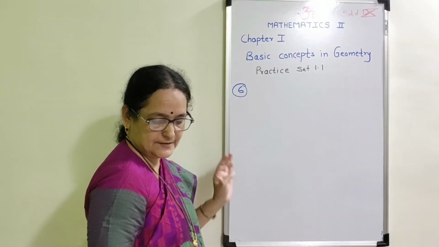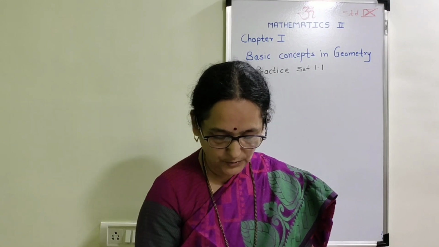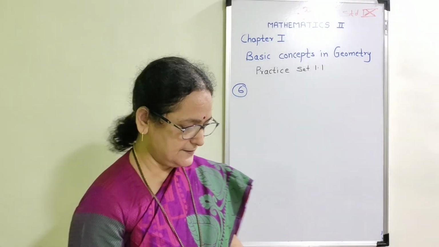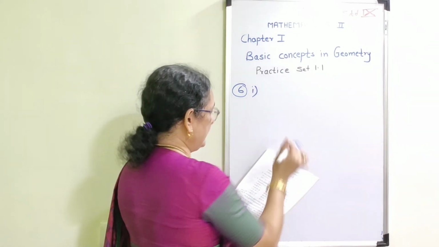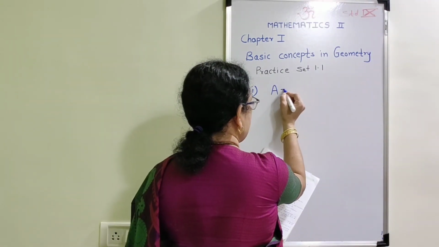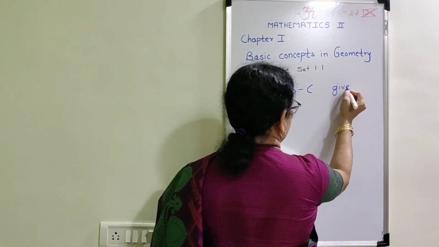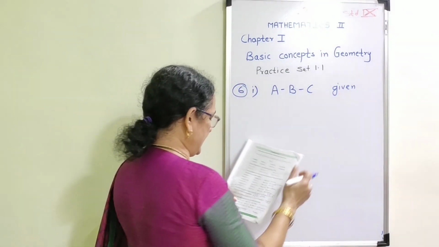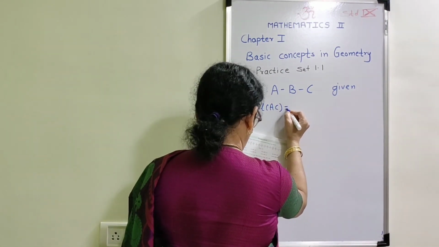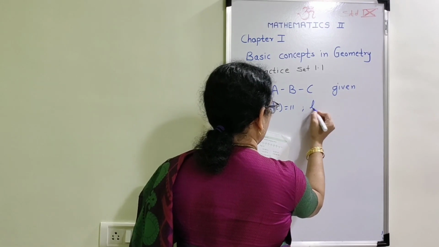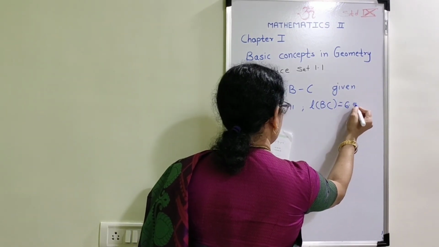Now here in this question, they have given the betweenness and also the distances. In the first question, the given betweenness is A-B-C. Also they have given that length AC is equal to 11, length BC is equal to 6.5.